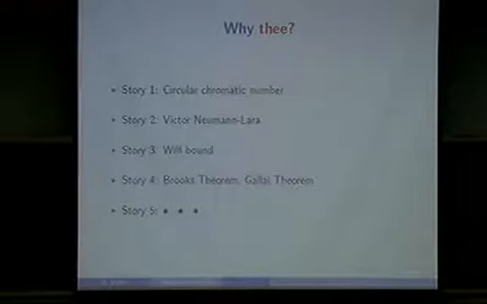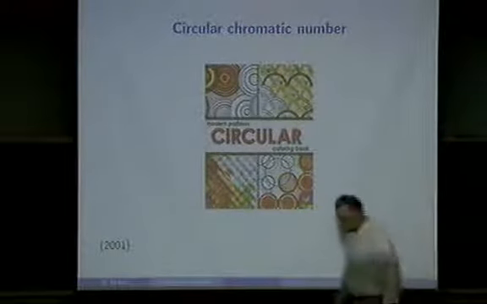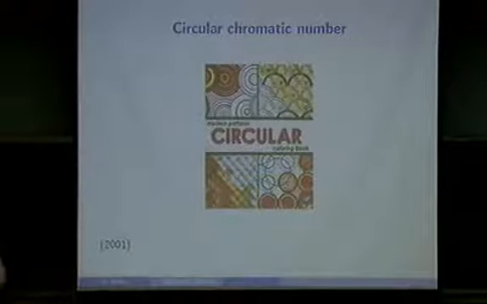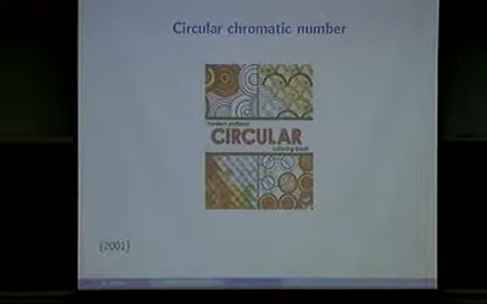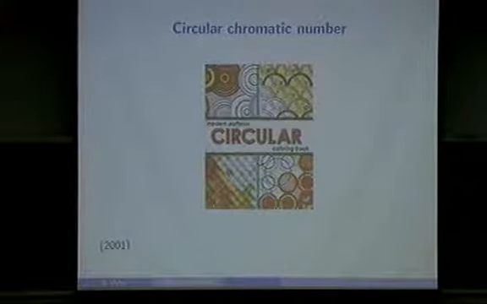So let me start with the first thing, the circular chromatic number. For any undirected graph, you can define a circular chromatic number in the following way. You look at the vertices of the graph, and then you map the vertices onto the points of a circle. Let's say that this circle has circumference r.